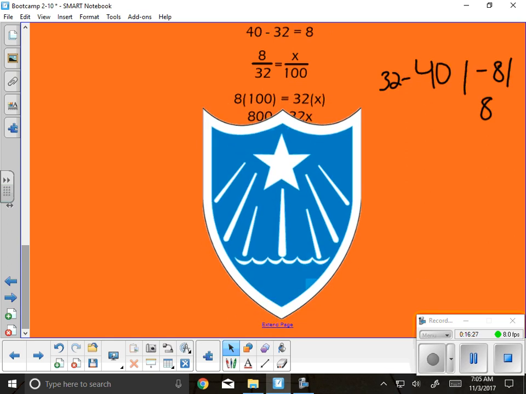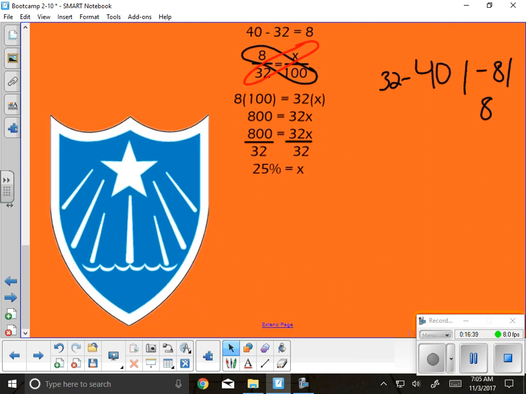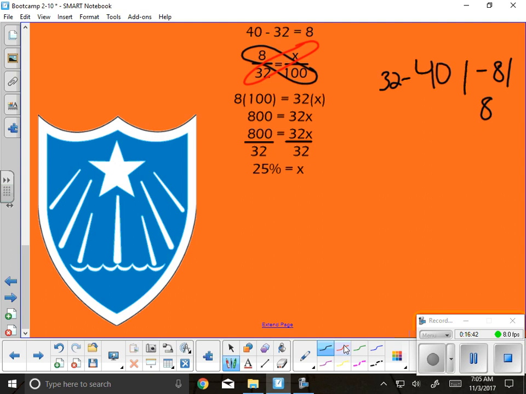Cross multiply: 8 and 100, and 32 and x. You'll end up with 800 equals 32x. Divide by 32 on both sides, the 32s cross out, and you're left with 25, or 25%. That is how you're going to solve for percent of change.